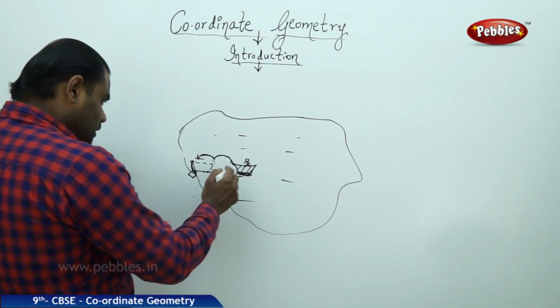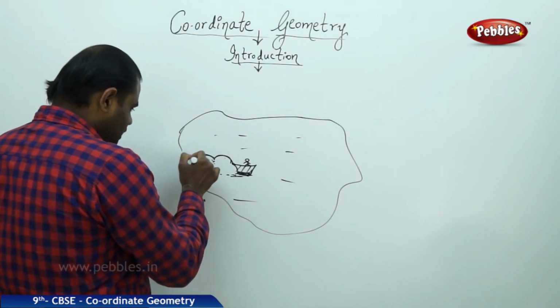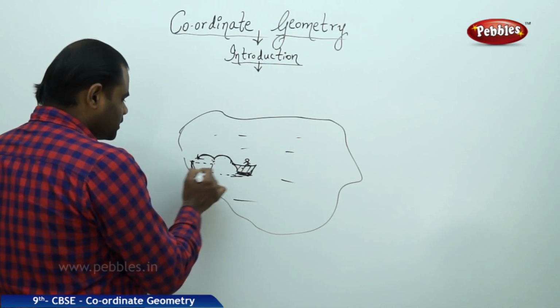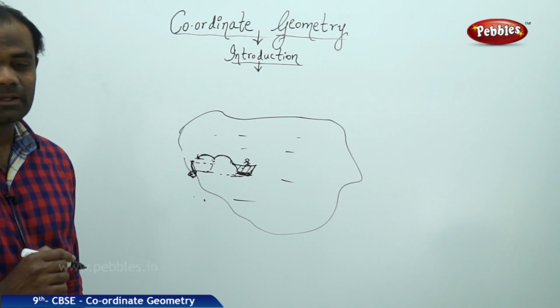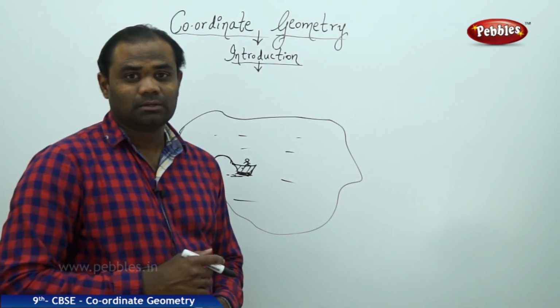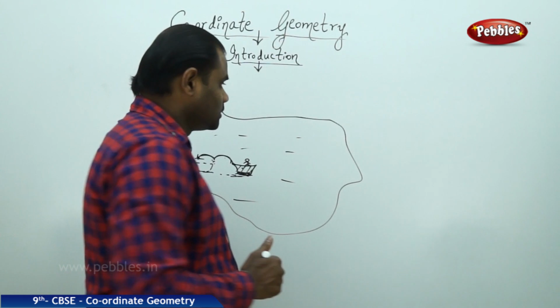So the person who is 2 units left and 1 unit down is where he reaches the bank, the destination. So let's see how this is possible more briefly through the graph.